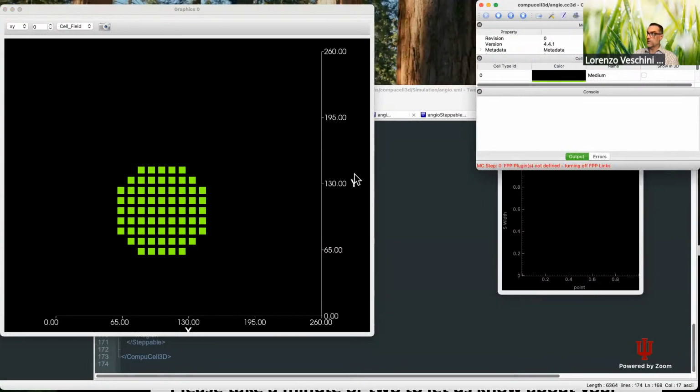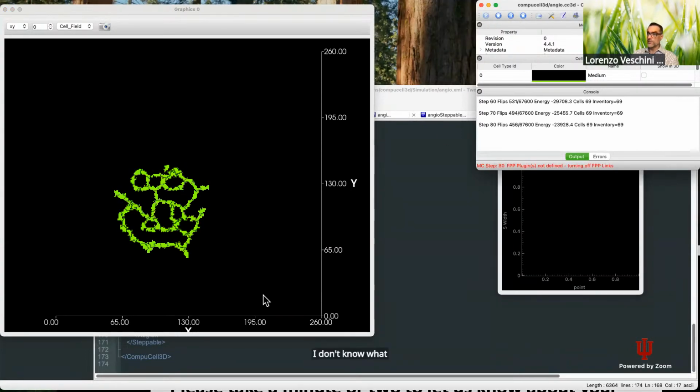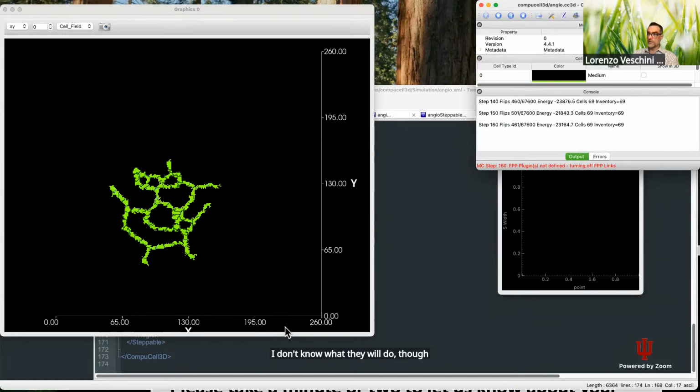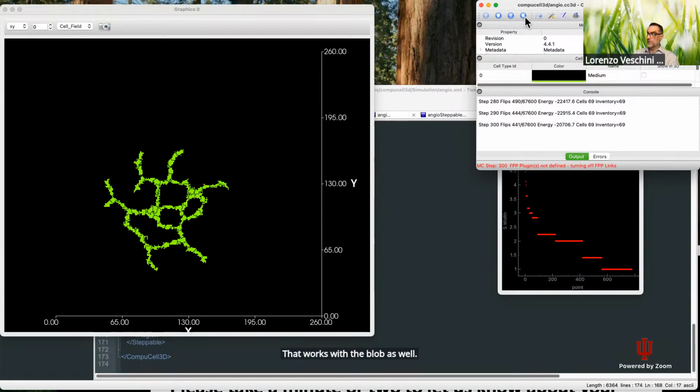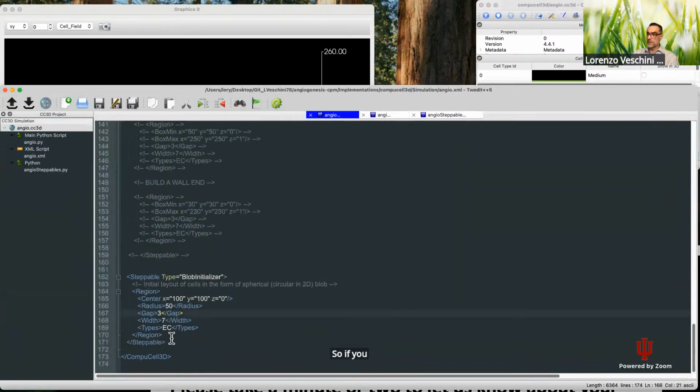I don't know what they will do though. Yes. That works with the blob as well. So if you're starting with the blob, this might be a good configuration. You might make it a little bit bigger as well. Let's make it 80.